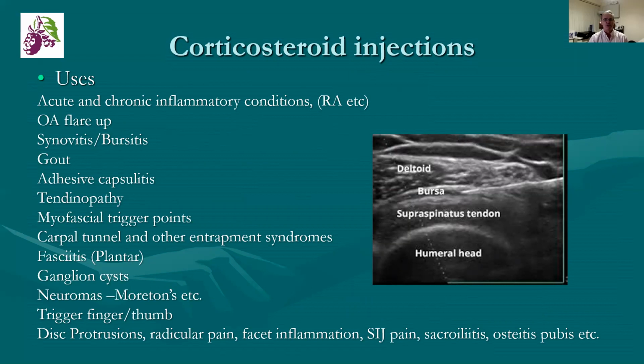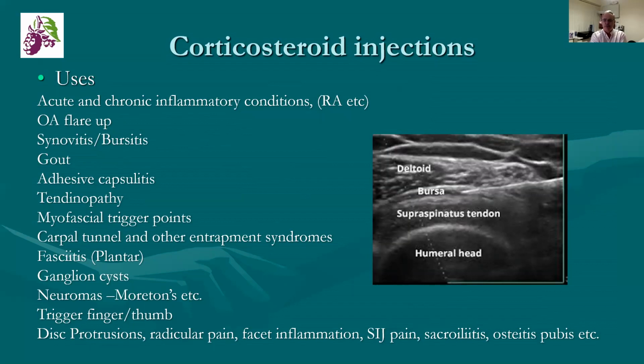So why would you want to use steroid injections? Well, inflammatory arthritis, such as rheumatoid, is amenable to injection. So are flare-ups of osteoarthritis, gout, frozen shoulder, any type of enthesopathy. Also myofascial trigger points often have steroid in the injectate.